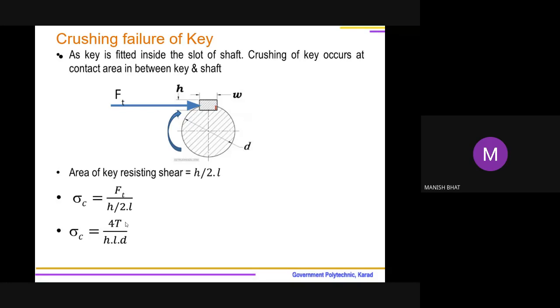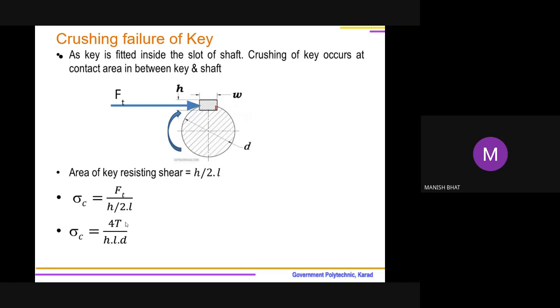So h by 2 multiplied by L is the area of the key resisting crushing. So sigma C is equal to Ft upon h by 2 multiplied by L.